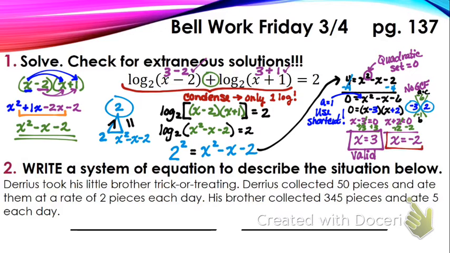All right, I'm going to use a different color over here. x equals -2, so I'm going to come over here. -2 minus 2. That's a negative, right? So what does that mean about this answer? It is extraneous.